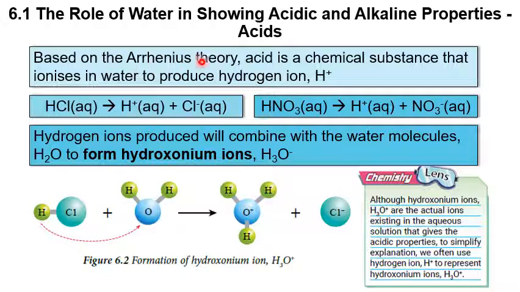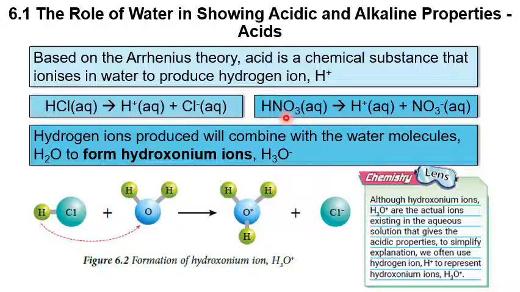Based on the Arrhenius theory, acid is a chemical substance that ionizes in water to produce hydrogen ion H+. This definition is very important. Acid is a chemical substance that ionizes in water to produce hydrogen ion H+. These are the examples. Hydrochloric acid will ionize in water to produce hydrogen ion plus chloride ion.